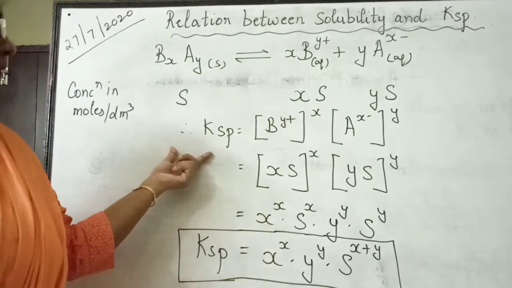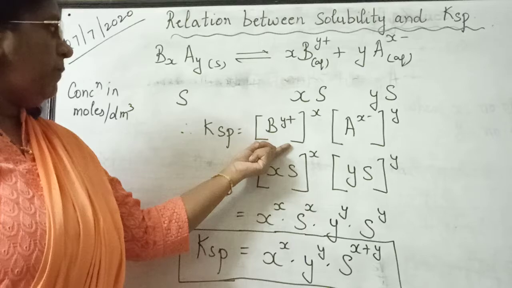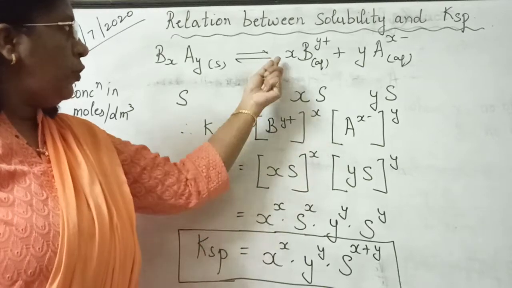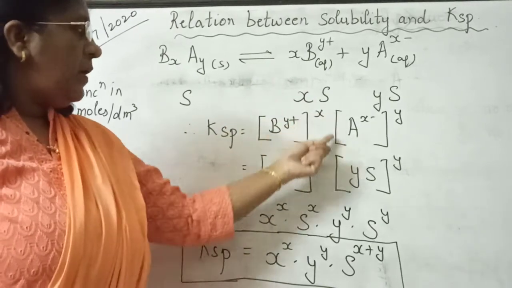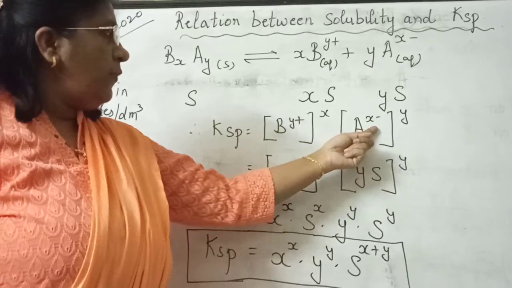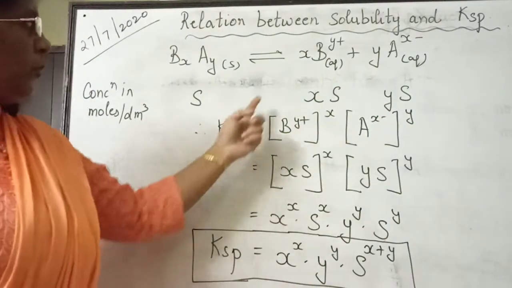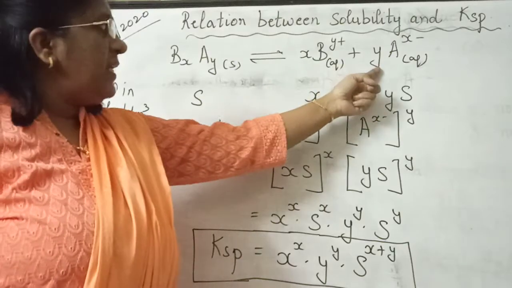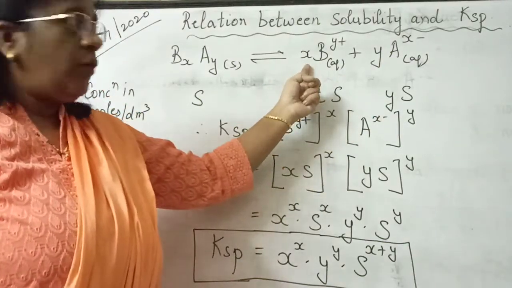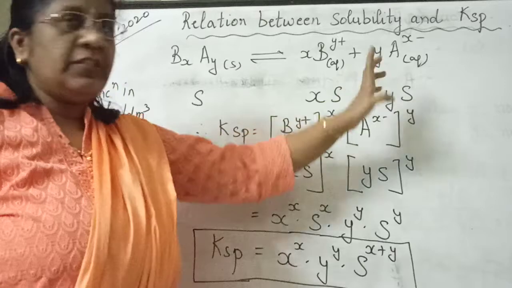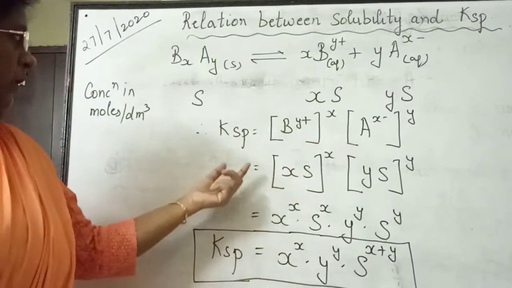So Ksp will be equal to concentration of B^y+ raised to x into concentration of A^x- raised to y. You know this x and y: x indicates the number of cations, whereas y indicates the number of anions.